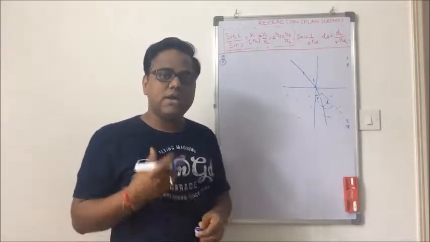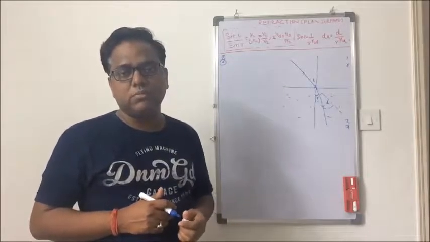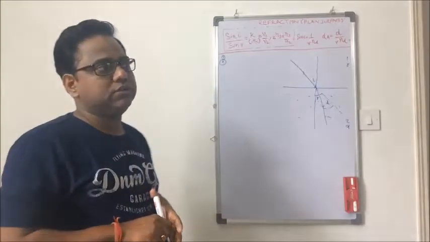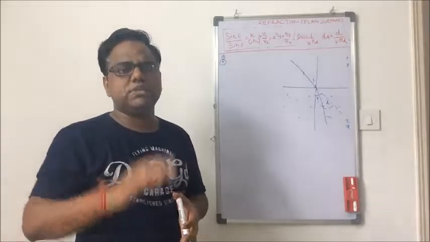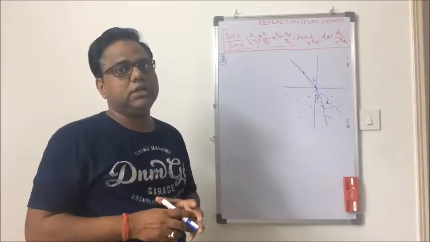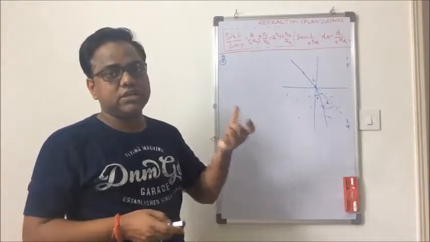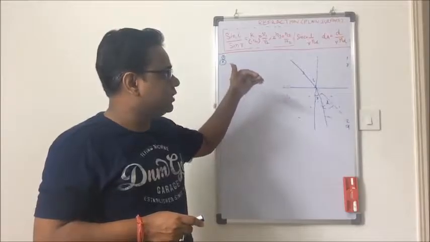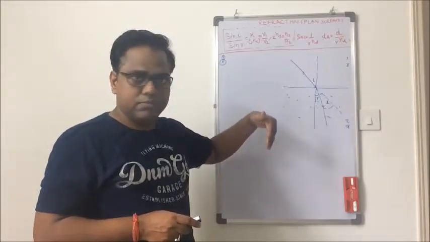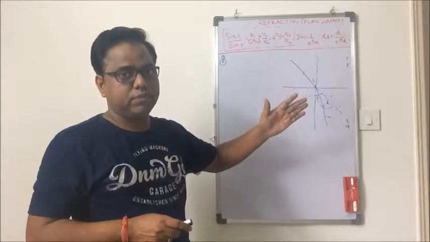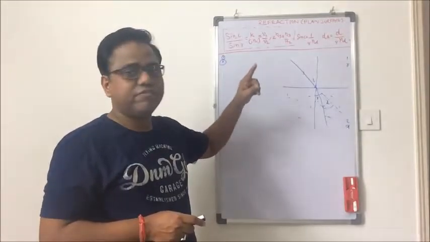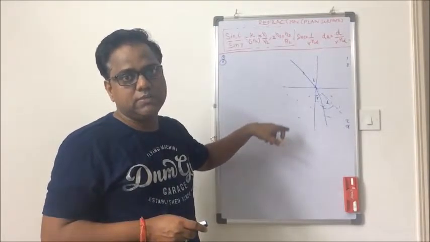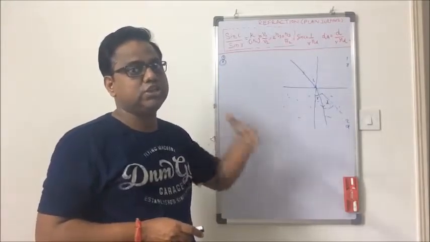Now you can ask why light bends towards normal. We need to go back to the properties of light, the very basic Huygens principle, then we'll come to know. But in short, the light's behavior of turning towards the normal or getting away from the normal happens because of the difference of speed in medium 1 and medium 2. If it's the same medium, then it will not change its path.